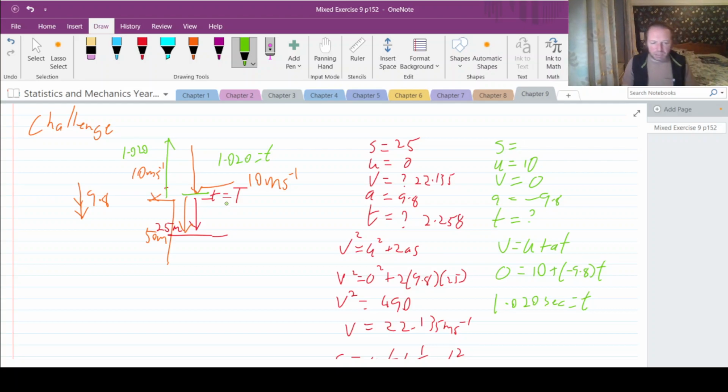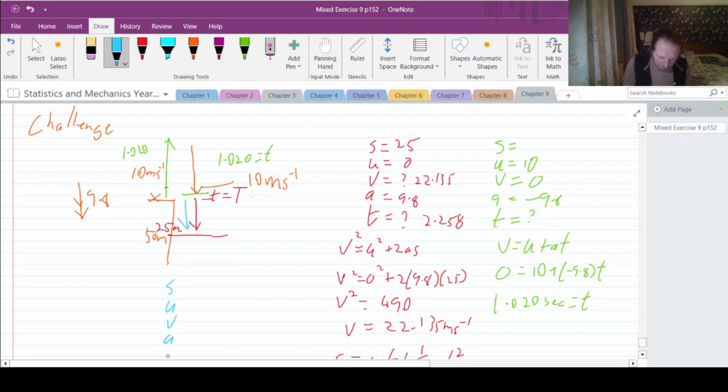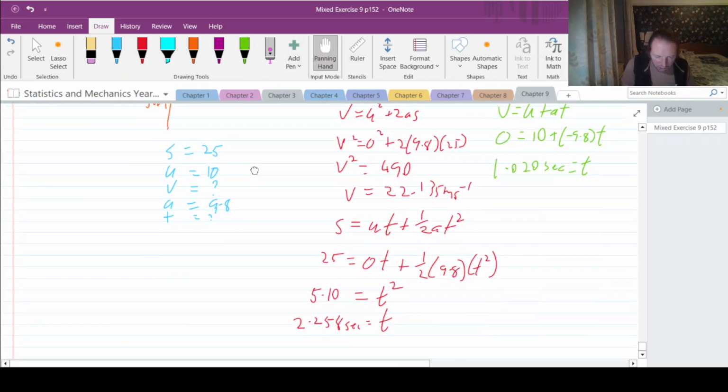And then as we continue down, how long will it take to go from what would be the blue arrow, the first ball falling here? So let's just do suvat on that one. The distance is 25, the initial speed was 10, the final I don't know, the acceleration is 9.8, and the time I don't know, but it's the time that I'm looking for.